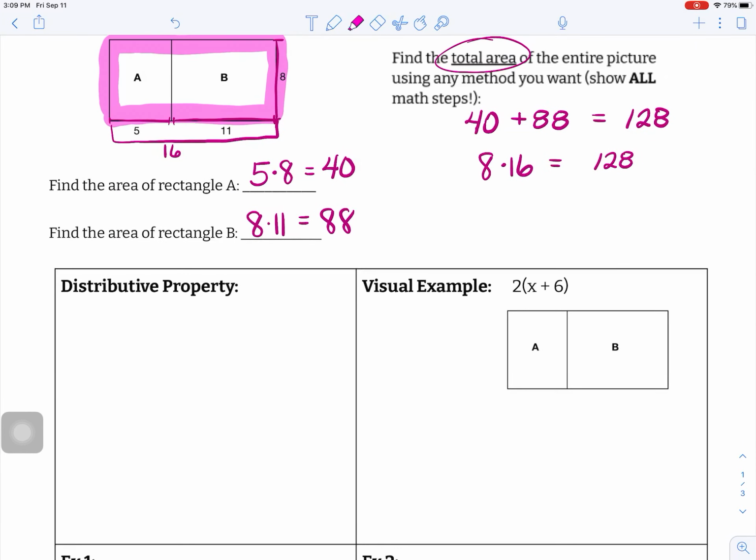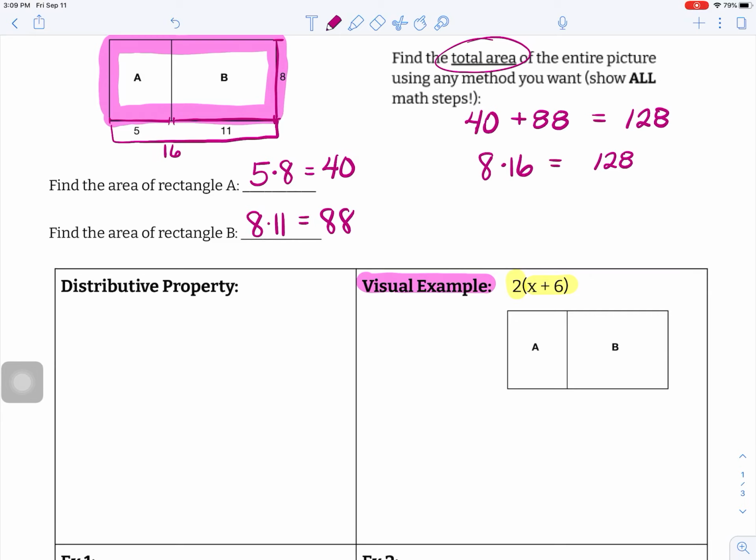Okay, so I'm weirdly going to start with this visual example over here before we even define what the distributive property is. So similar to me saying that finding the entire area of this pink rectangle up here is 8 times this whole big length, which is 5 and 11 put together is 16, I'm looking at an expression like this, where I see there's a 2 on the outside, and inside the parentheses, I've got an x plus a 6. Now, using the order of operations, I can't really do anything here because we don't know what x is.